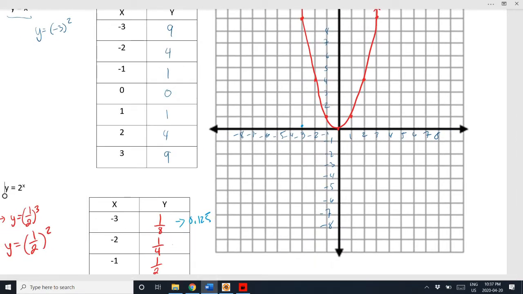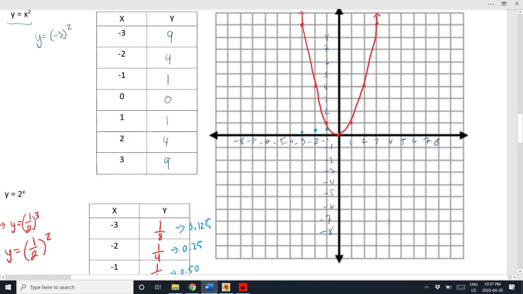At negative 2, we have 1/4 or 0.25. So a quarter of the way. So it's a little bit higher. You can see it's not much higher. Very close. Then at negative 1, we have 1/2 or 0.5. I'm just turning these into decimals.